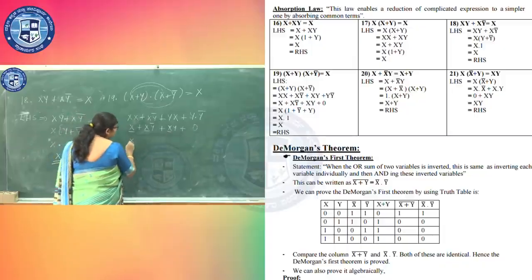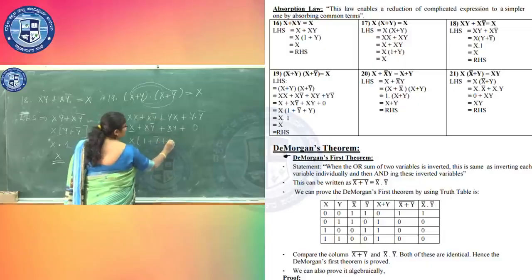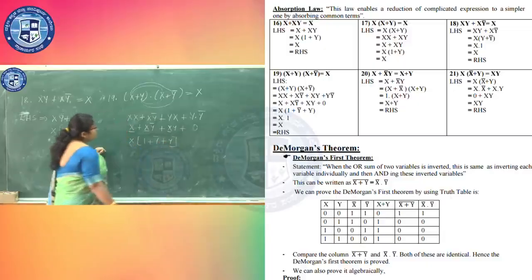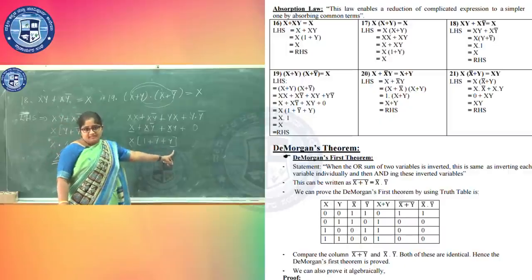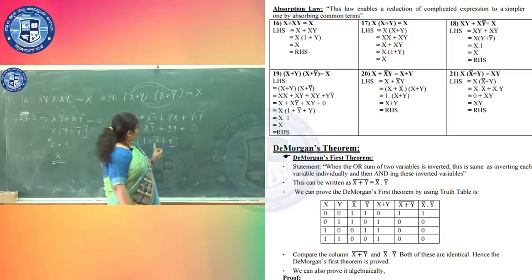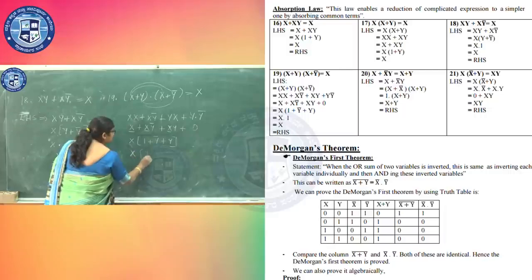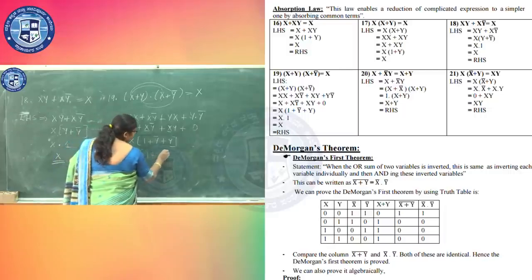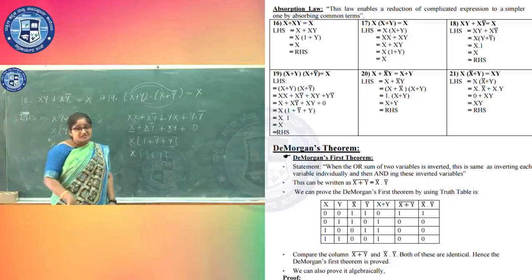When I take the common variable x outside, 1 plus y dash is left here, plus y is left. So y dash plus y dash into y is 0, y dash plus y is 1. So, x into 1 plus 1. 1 plus 1 is not 2 because it is Boolean algebra.